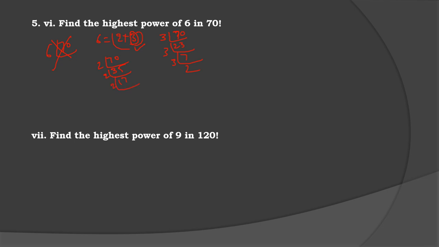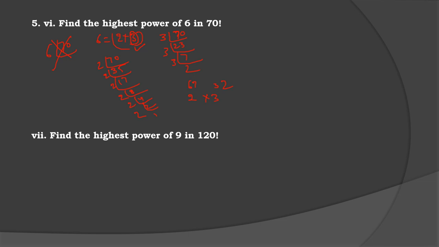Again 8 times, again 4 times, again 2 times, again 1 time. 1 plus 2 is 3, 3 plus 4 is 7, 7 plus 8 is 15, 15 plus 17 is 32, 32 plus 35 is 67. Total number of 2's equals 67. So 2 power 67 into 3 power 32.